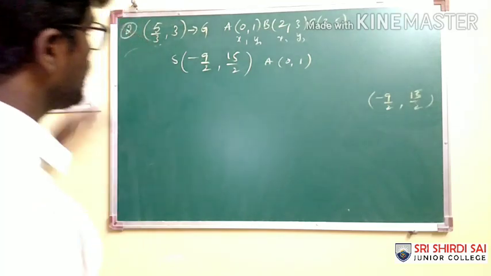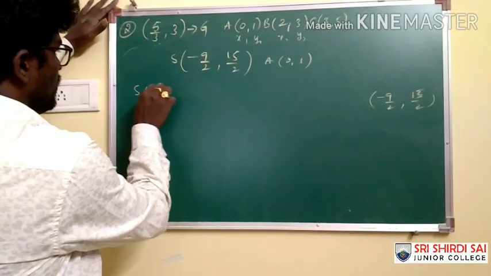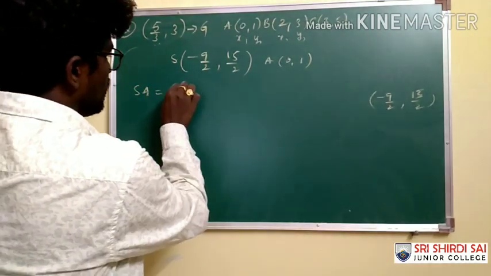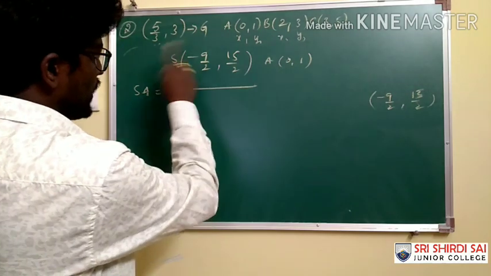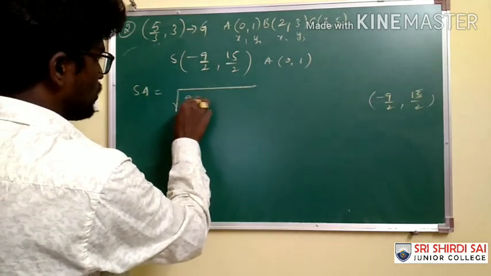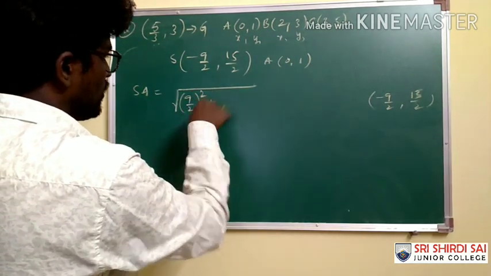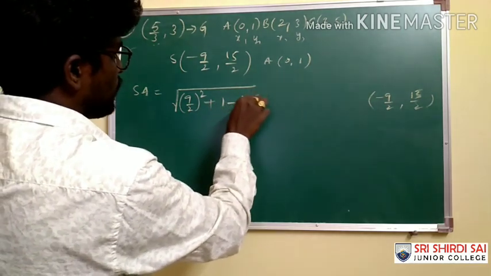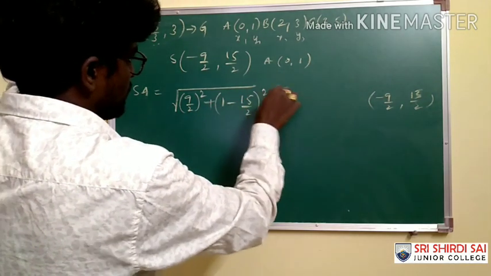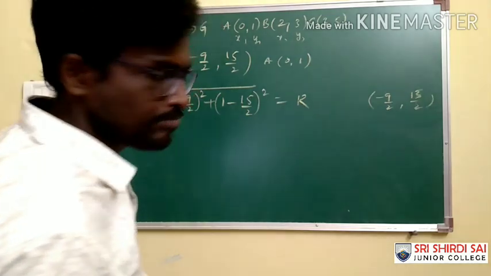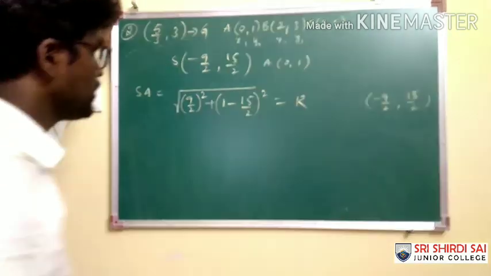Getting my point? Therefore, SA is equal to root over of (0 minus, half minus 9 by 2 means 9 by 2) whole square plus (1 minus 15 by 2) whole square. This is the circumradius, capital R. Fine.